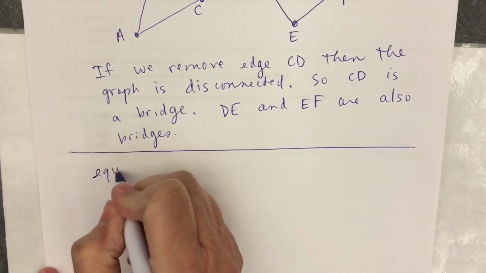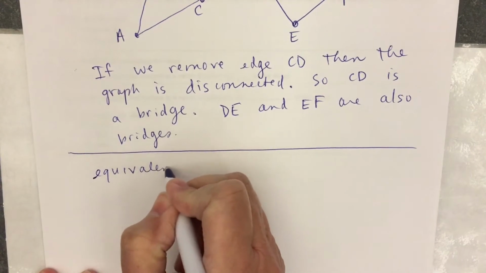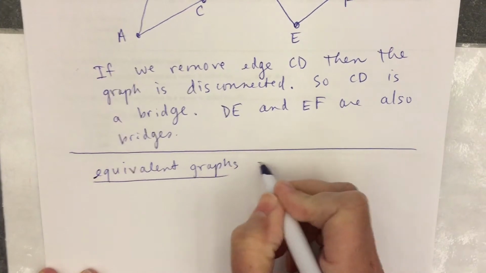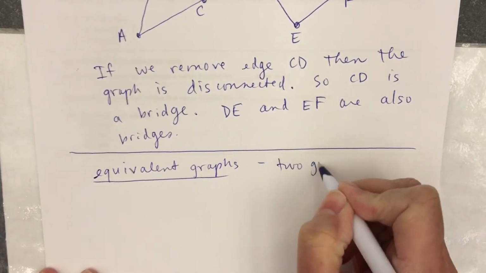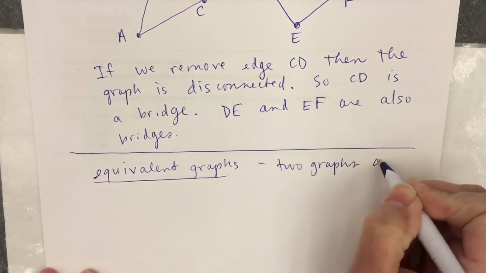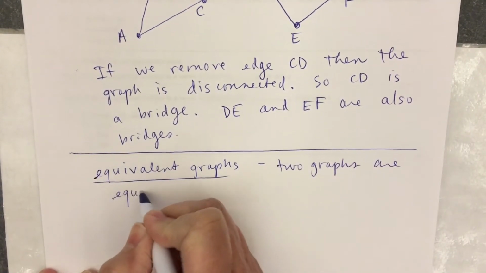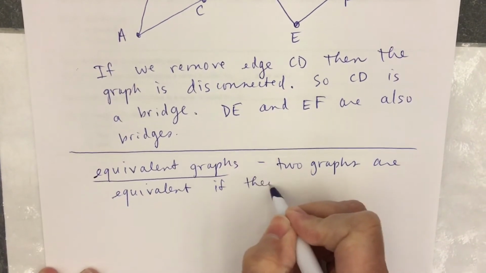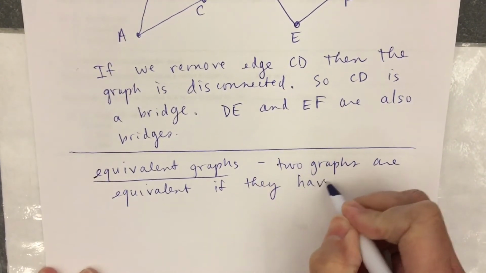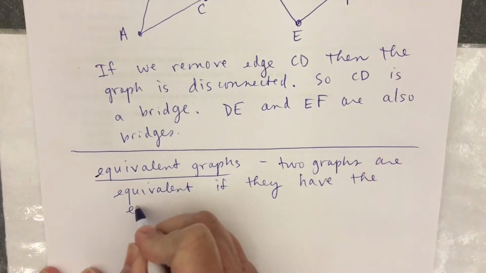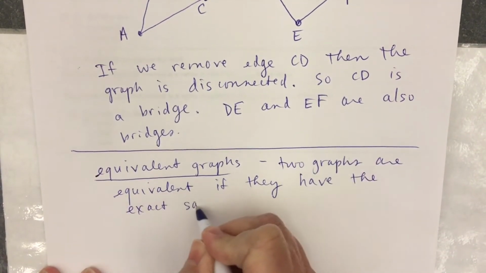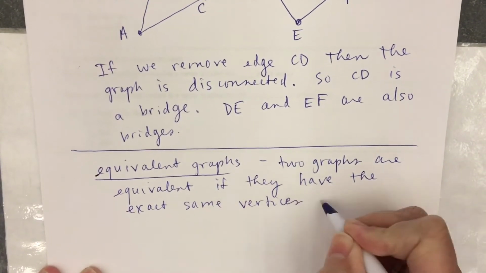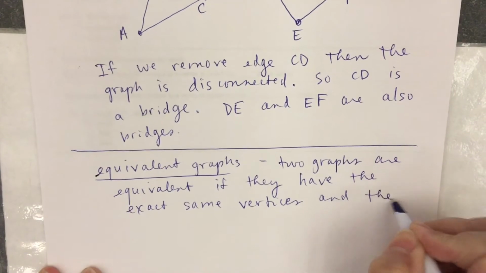The last definition: equivalent graphs. Two graphs are equivalent if they have the exact same vertices and the exact same edges.